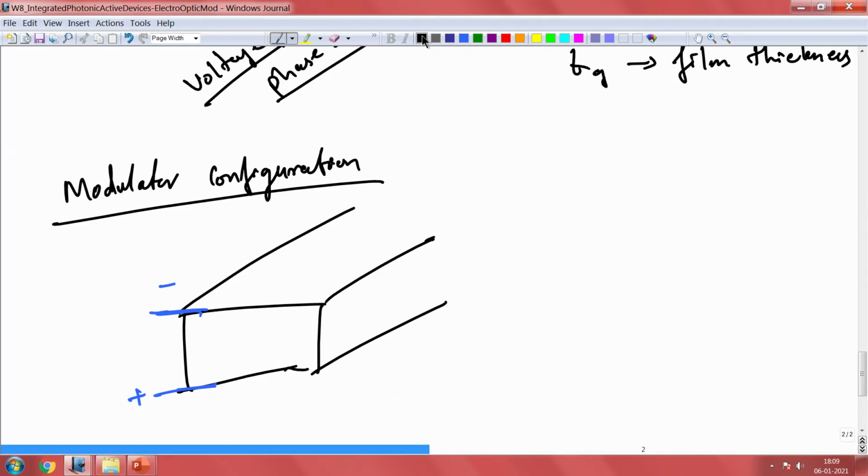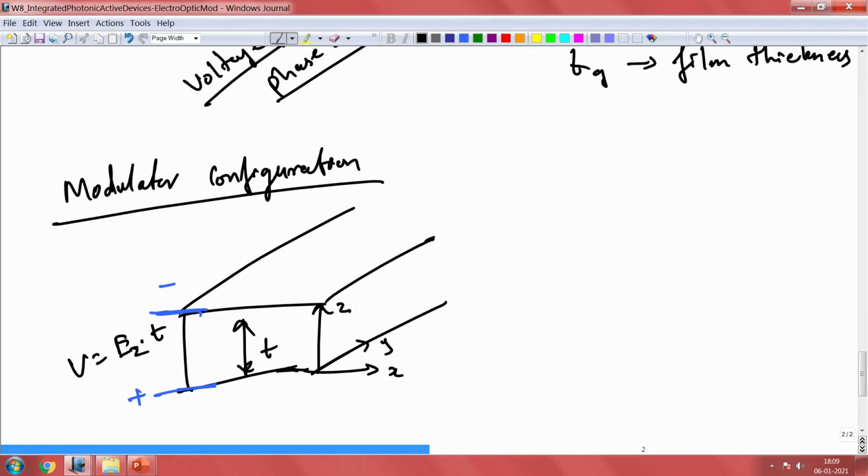Let's say this is your x, this is your z, and this is your y. In this case, the voltage that you apply is nothing but Ez times, let's say, thickness T.